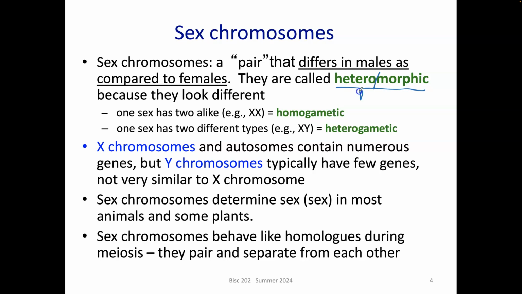So the X chromosome, replicated and ready for cell division, might look like that, whereas the Y chromosome might look more like that, a smaller, more compact one, and it has many fewer genes and so on.